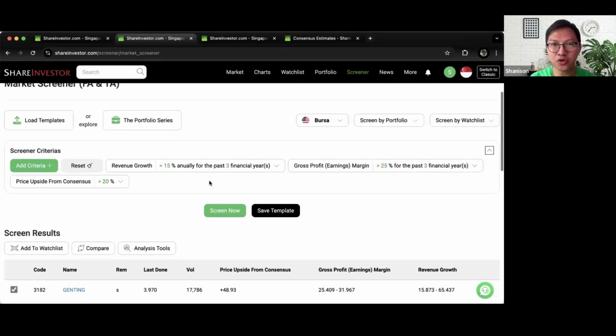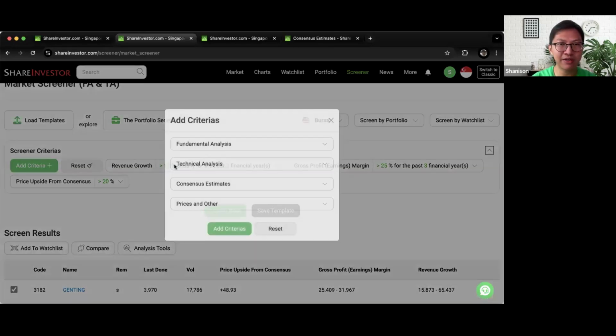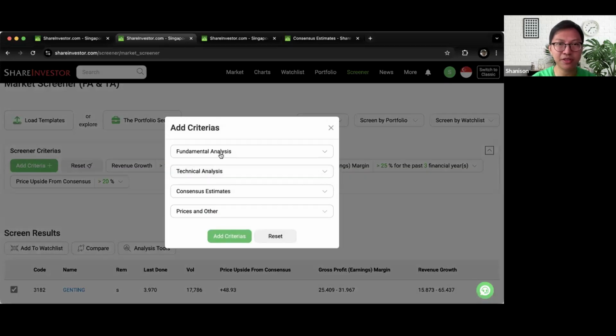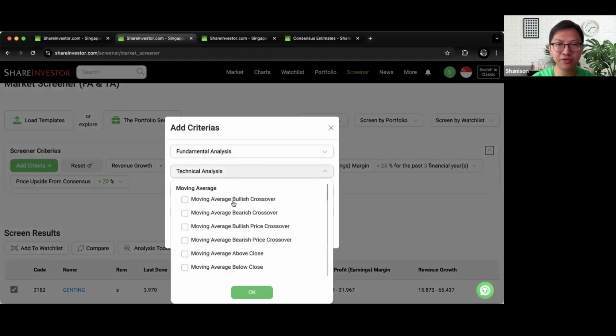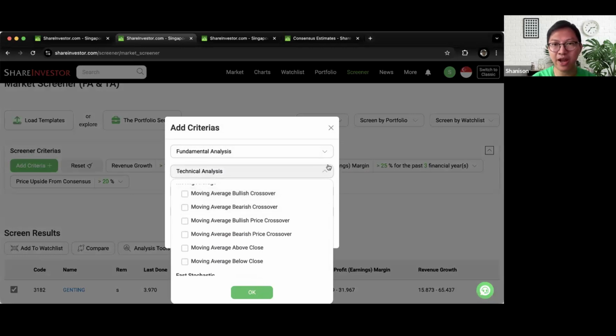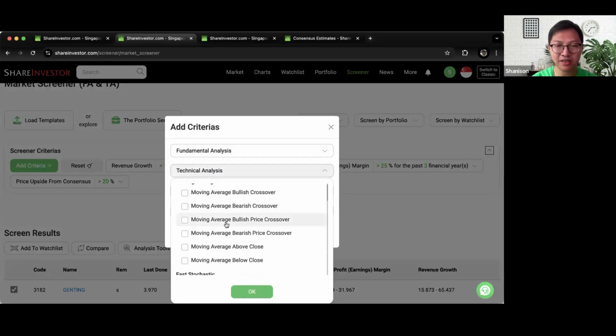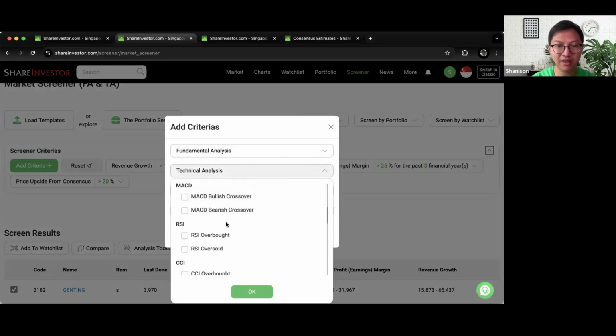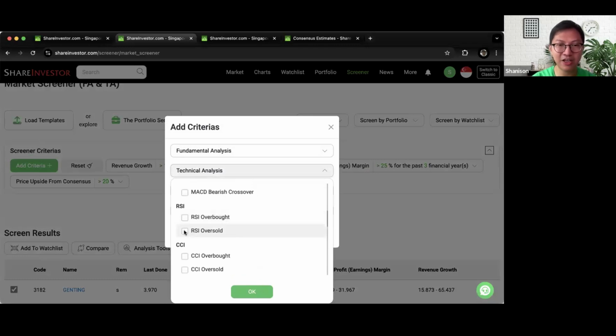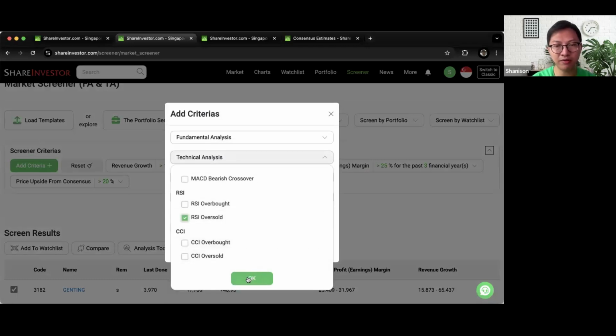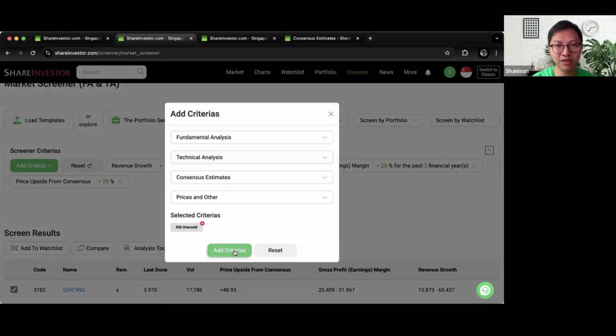Okay, so let's say you screen this based on FA. Just now I shared that we can combine FA and TA, so you can even add some criteria. Like, I don't want to just focus on fundamental analysis, I want to focus on some TA as well. This is where you can choose some TA indicators. Let's say growth stock, RSI, maybe it's oversold, maybe there are opportunities.